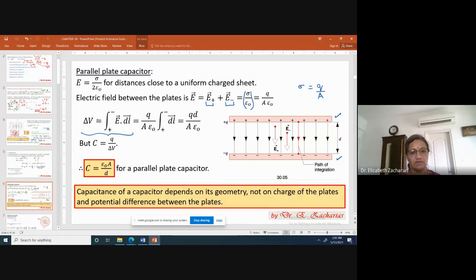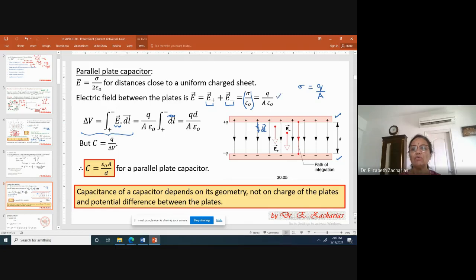Into this equation you substitute for E. You can see that E and dl are parallel. What is dl? dl is just going to be a length element here. And E is parallel to it, so E dot dl will be equal to E dl.